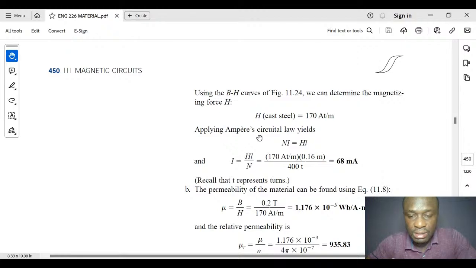So applying the Ampere circuital law, we yield that Ni is equal to H times L. And remember that Ni is equal to force, from our previous formula. Ni is equal to force.